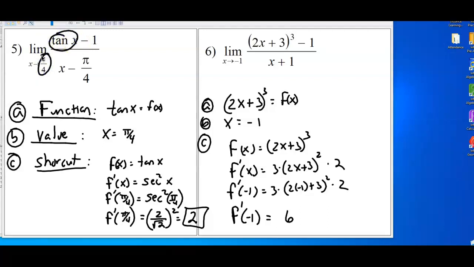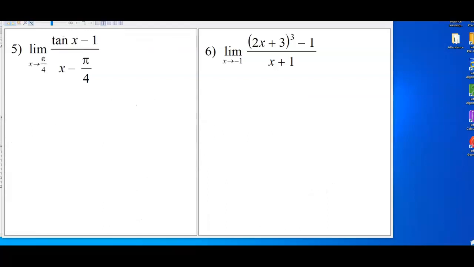The next part is where, since this represents the derivative of this function at pi over 4, basically we just need to find the derivative of tangent, which is secant squared, plug in our pi over 4, and get our answer, which is 2. Okay? Let's go ahead and take a look at number 6. The function we're finding the derivative of here is that, at the value of -1. And then here is the shortcut process for arriving at the answer, which would be 6 as a final answer.